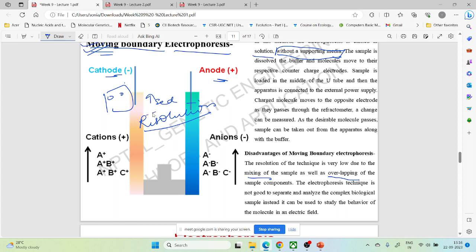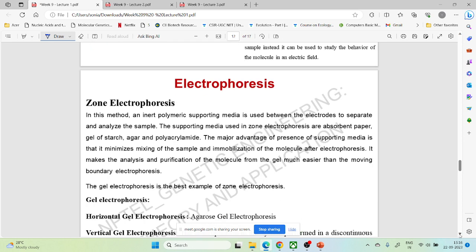So scientists thought that instead of having a moving boundary, let's have a solid support. For that, they created another type of electrophoresis which is known as zone electrophoresis.